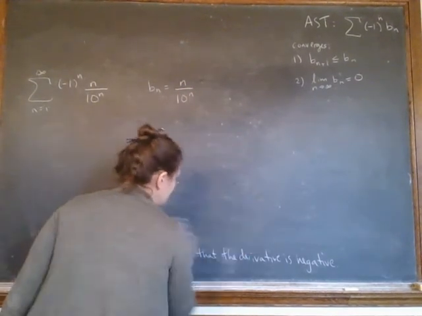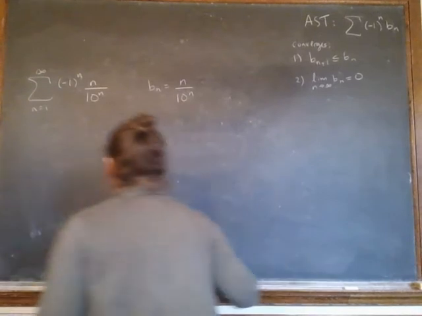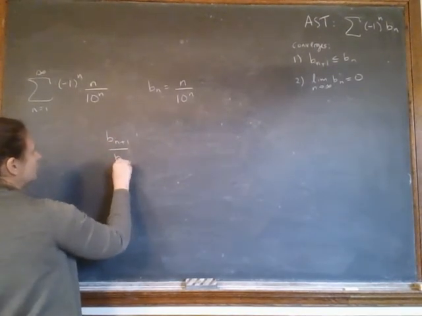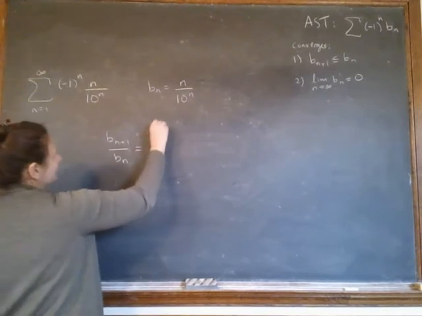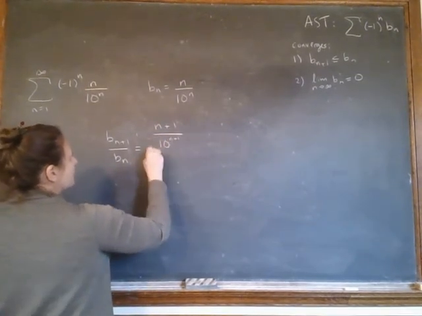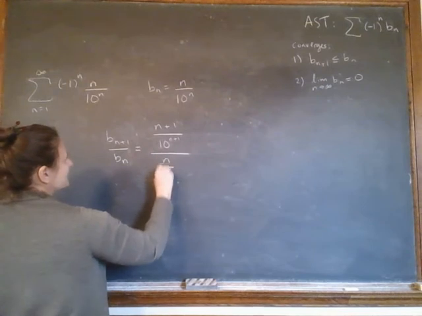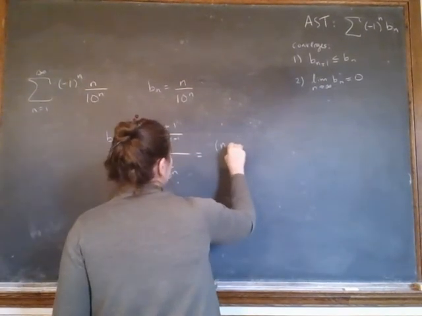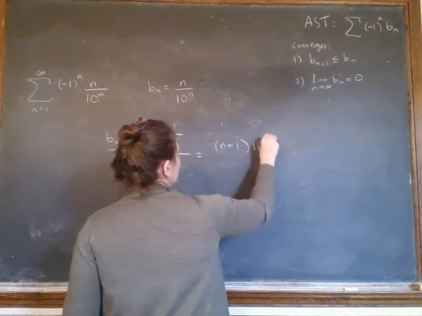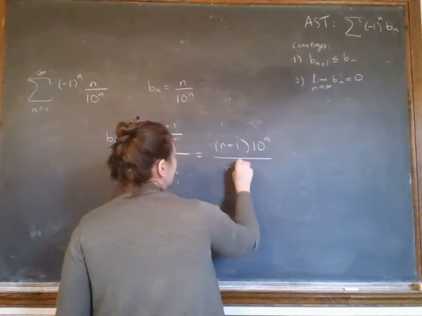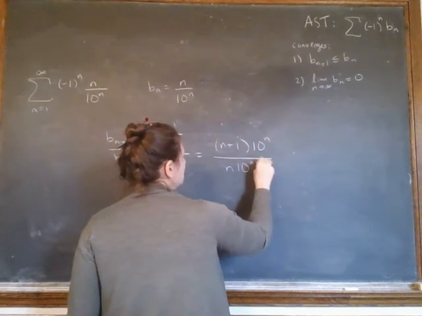And if I look at the ratio of b_(n+1) over b_n, it's not great at first because you have a compound fraction, but it's easy to work out. This is n times 10 to the n plus 1.